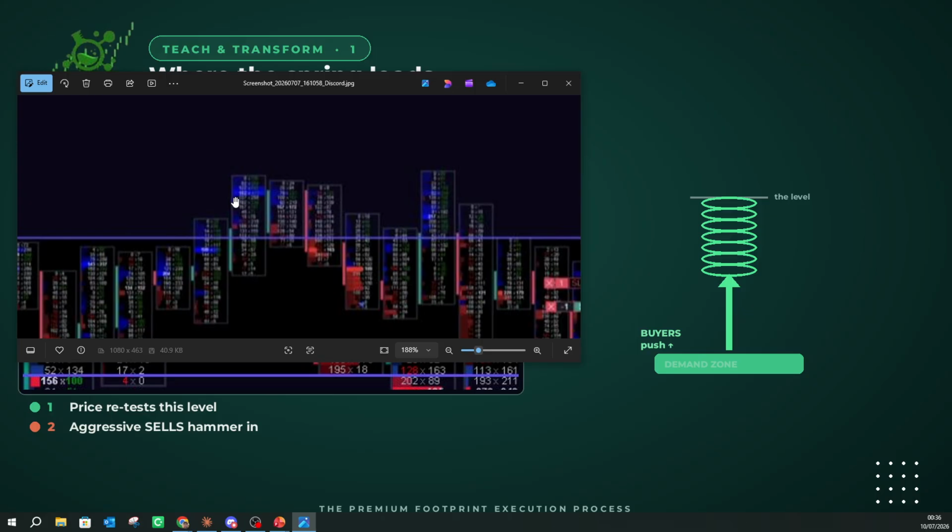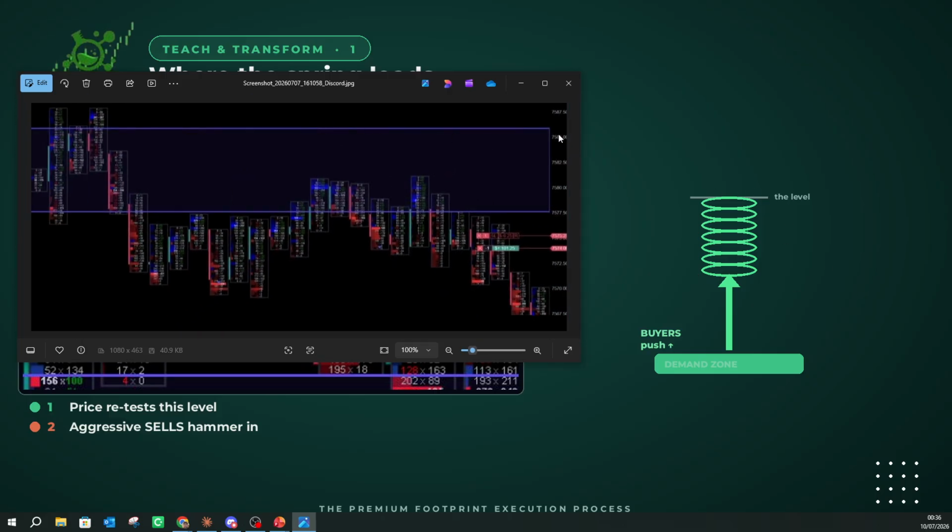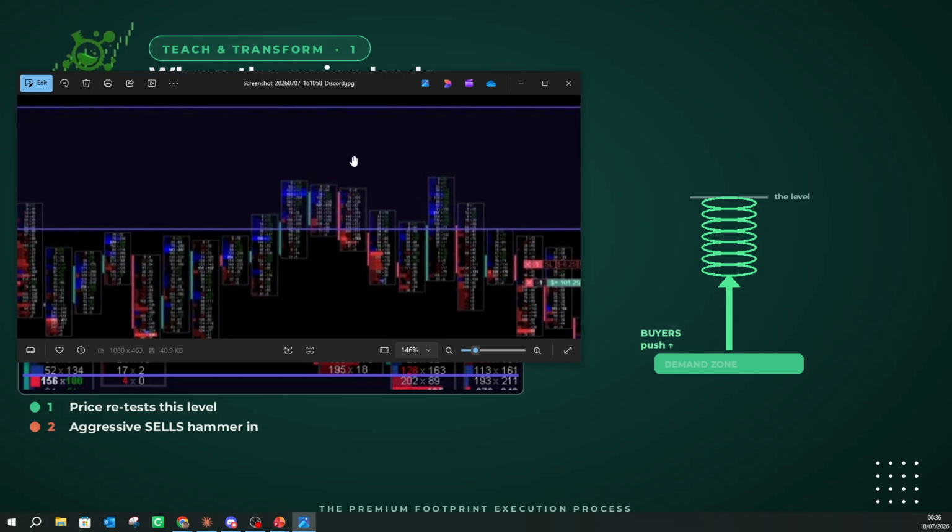Now, the reason why the spring is coiling is because there is that force or that push of the aggressive buyers trying to break above the zone. It's trying to break that level, right? This level here. On ES futures, going back to test 75, 85 to 78, going back to test this area on footprint charts, you will see the spring being coiled exactly like this, 100%.